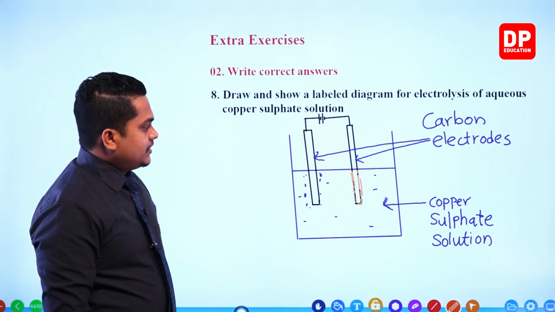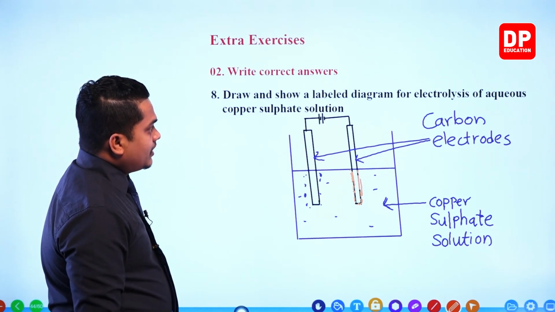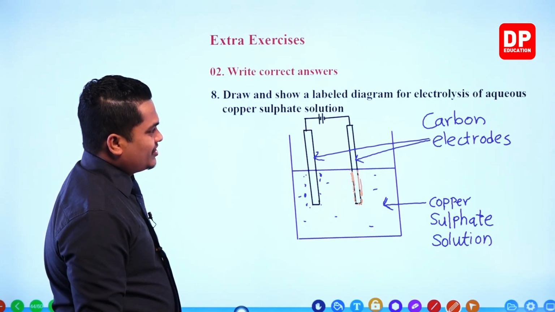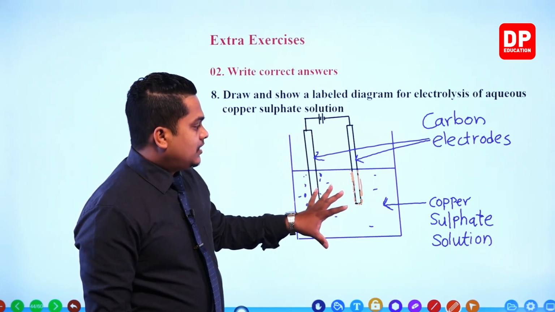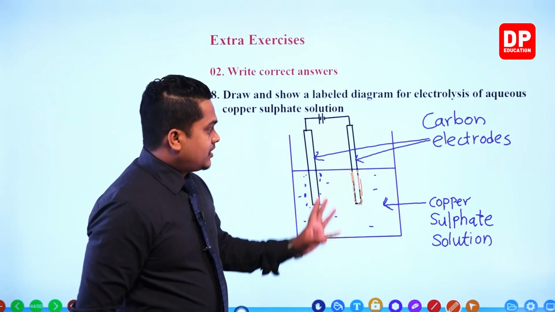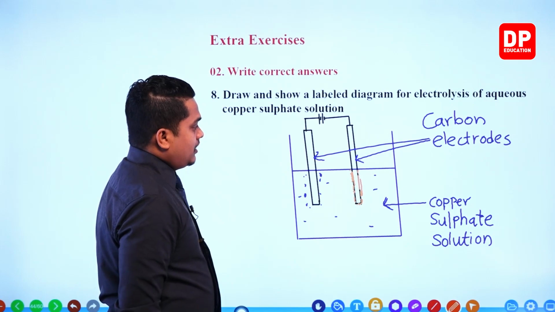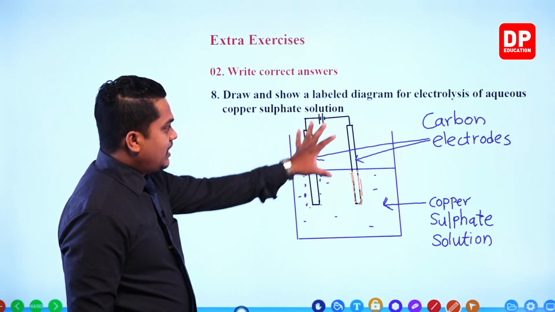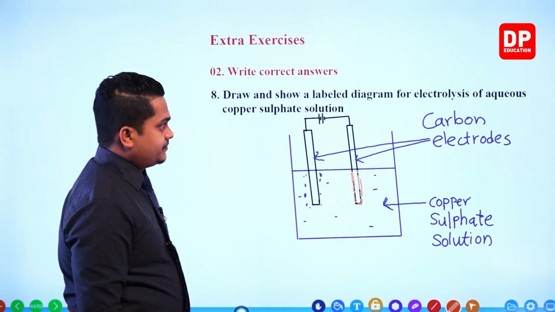Okay. So this is the labeled diagram for the electrolysis process of copper sulfate solution. You just use carbon electrodes and you place the copper sulfate solution like this, and my dear children, connect the two carbon electrodes to the dry source. Okay, right. So from the positive terminal, gas bubbles will evolve, and at the negative terminal, copper will deposit.